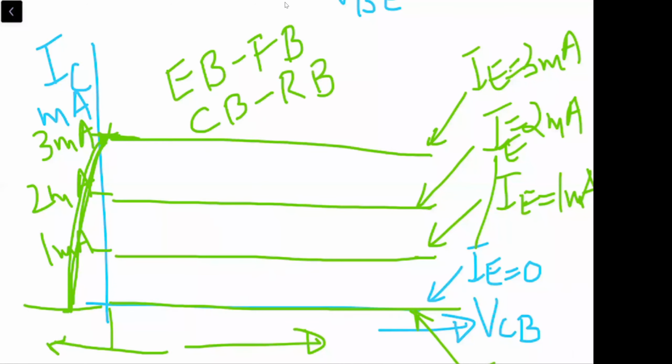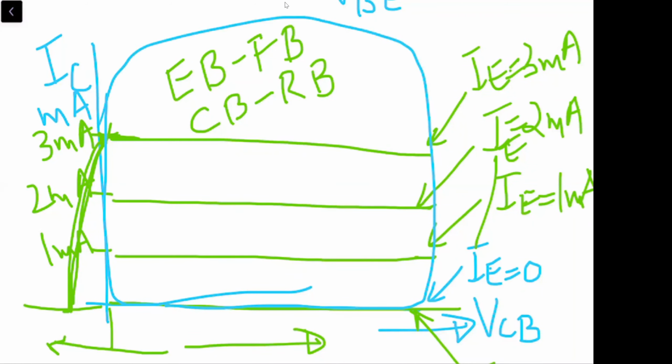This is the region in which the emitter-base junction is forward biased and the collector-base junction is reverse biased. This region is called the active region. Are you with me? If the emitter-base junction is forward biased and the collector-base junction is reverse biased, that region of the output characteristic curve is called the active region.